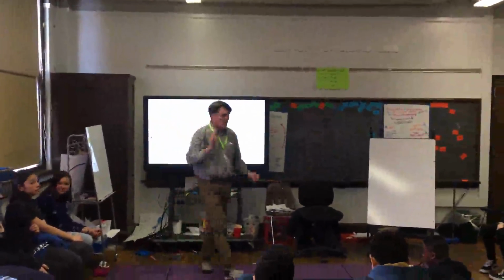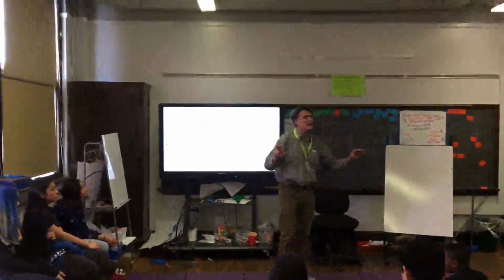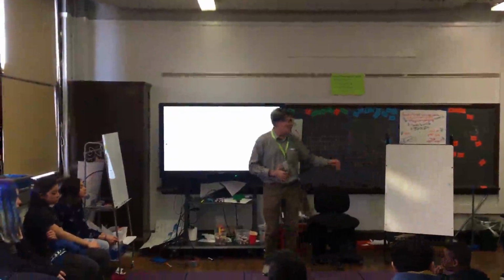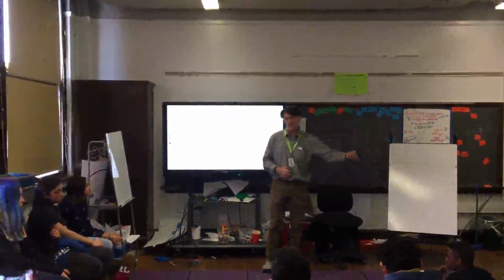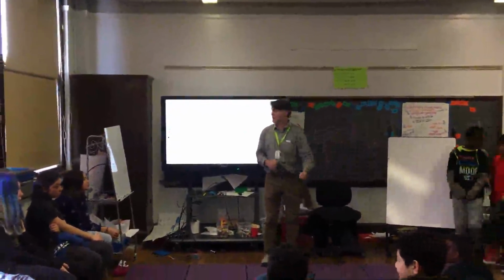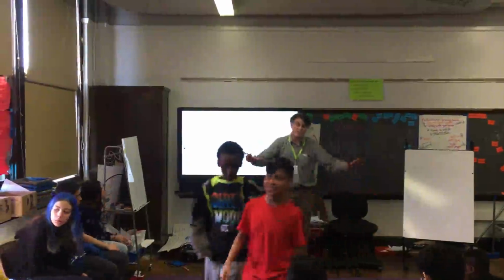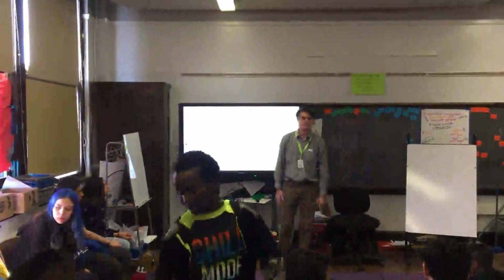Okay, so if we want the area and not the perimeter, we're going to multiply one side times another side, or length times width.